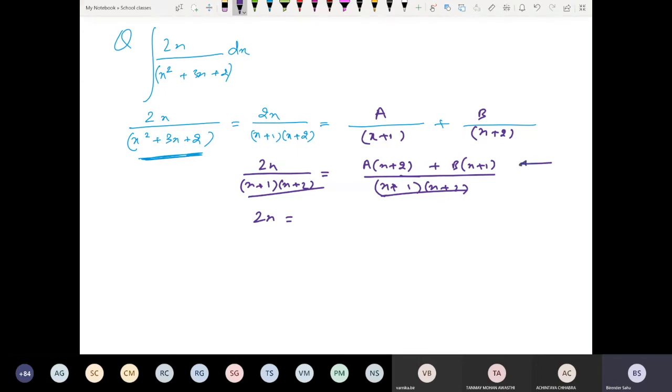In the numerator, you will multiply and collect all the terms containing x. So this is just like (a plus b) into x plus (2a plus b). This is 2x. Now comparing the coefficient of x, what will be the equations? Pratna Bansal, tell me beta, what will be the equations in a and b?